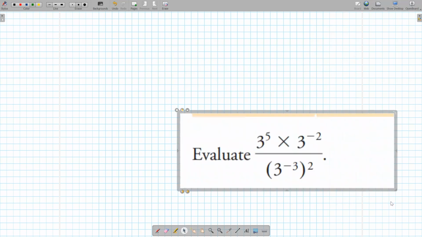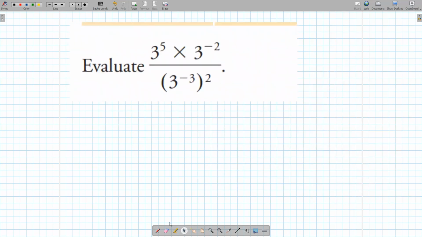Okay, how do we do this one? You're going to have to use the exponent laws. Ideas.